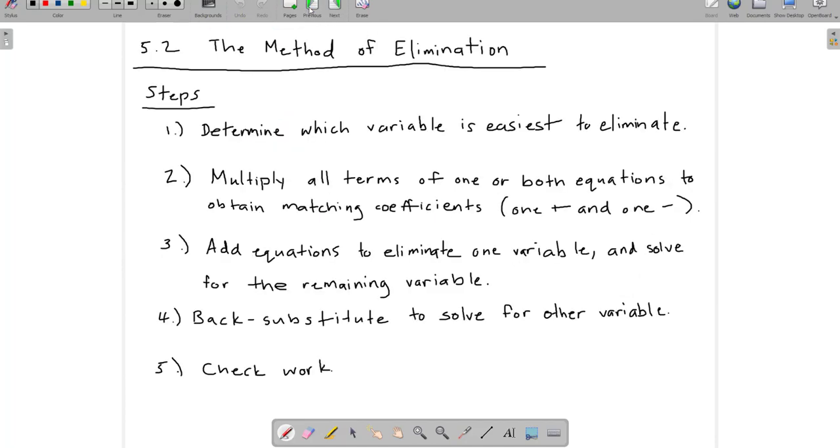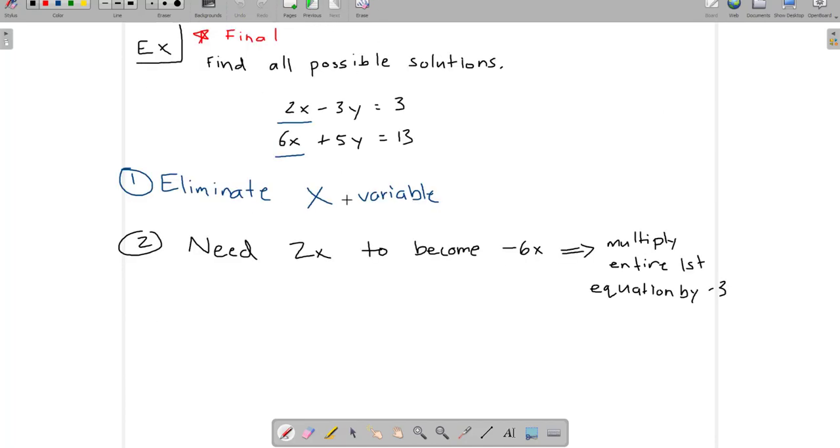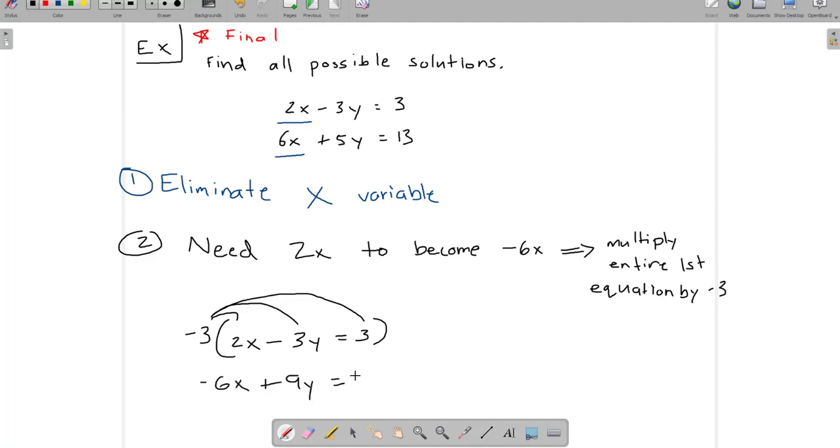So let's go ahead and multiply the whole first equation by negative 3. You're basically just distributing this minus 3 to every term. So this is going to become negative 6x plus 9y equals negative 9.